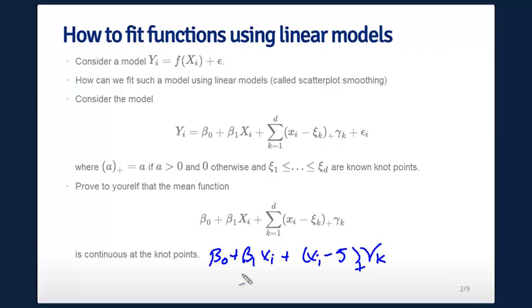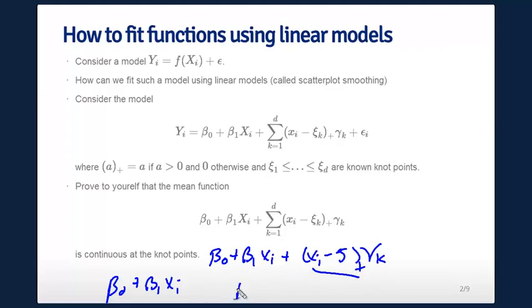Figure out what this line is as x goes to 5 from below, and then figure out where it's at as x goes to it from above, and you'll see that it hits at the same point. Below 5, the line is beta naught plus beta 1 x_i, because below 5 these are always negative, and so the plus will turn them all into 0, so the whole term drops out.